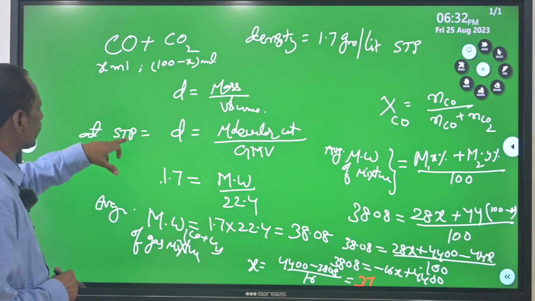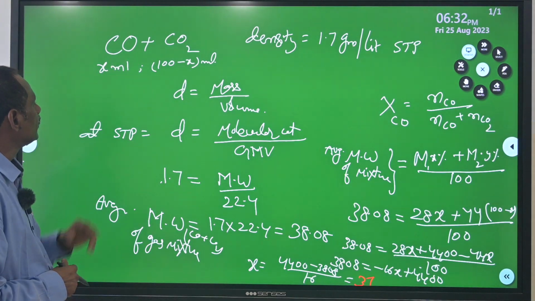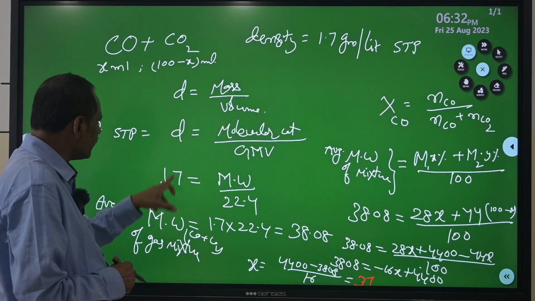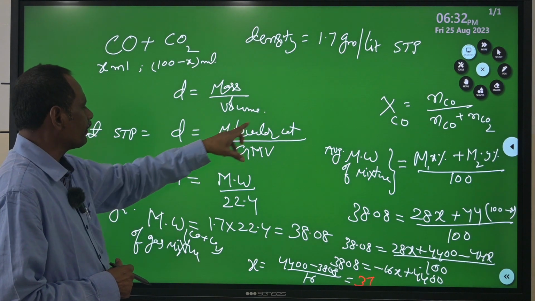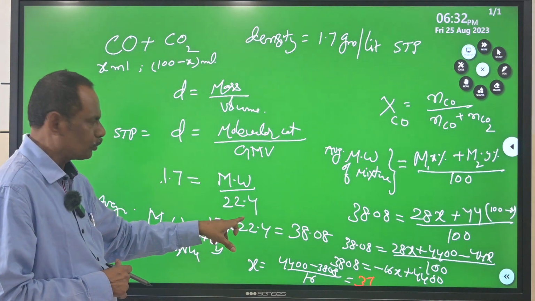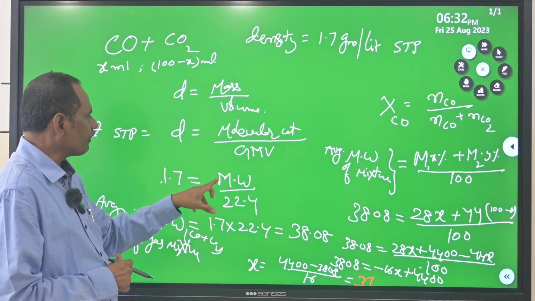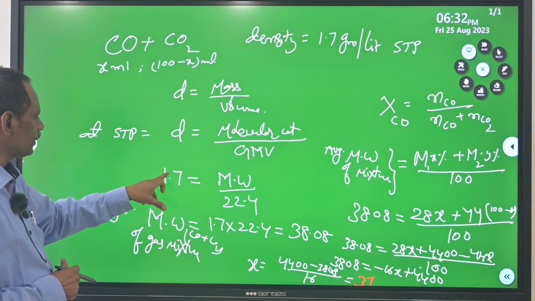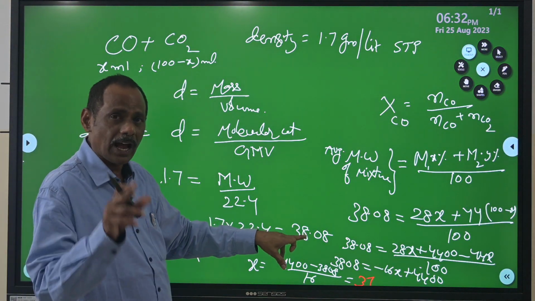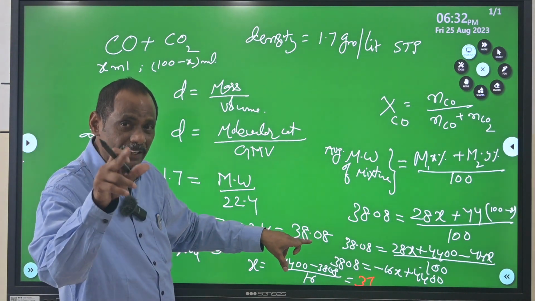But it is not a pure gas, it is a mixture of gases. In the case of a mixture of gases, the density of the gas is equal to the average molecular weight of the mixture by gram molar volume 22.4. Therefore, the average molecular weight of the gas mixture is equal to the density of the gas mixture into 22.4. That gives the average molecular weight of that gas mixture.